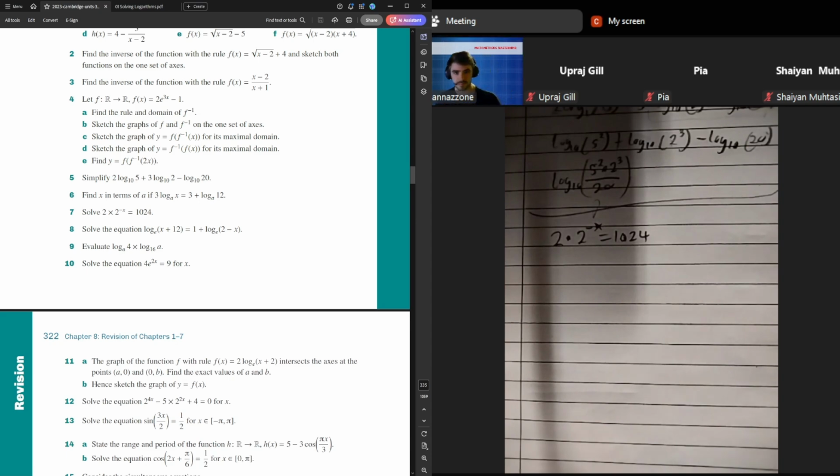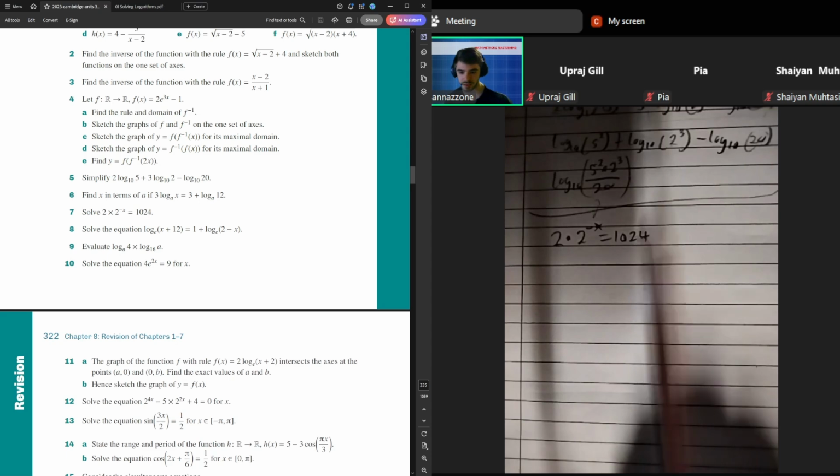Try bringing 1024 to like the base of 2 and like the power. Yep. Just to repeat that for everyone else, we're going to rewrite 1024 as a base of 2.